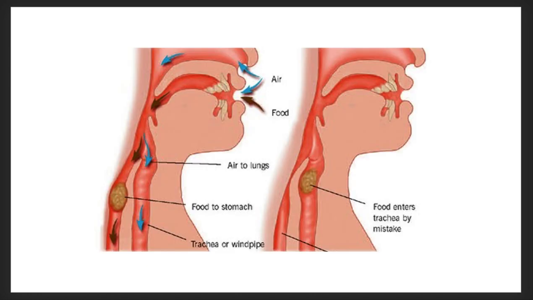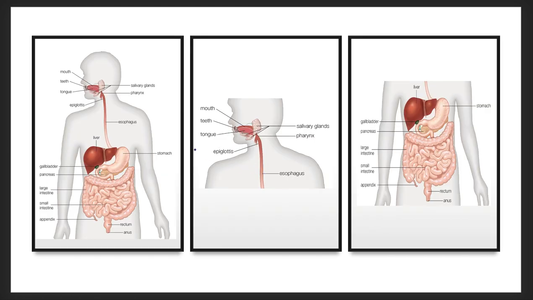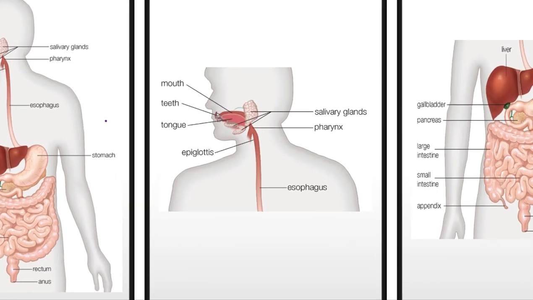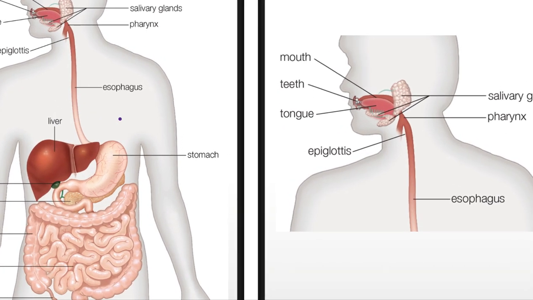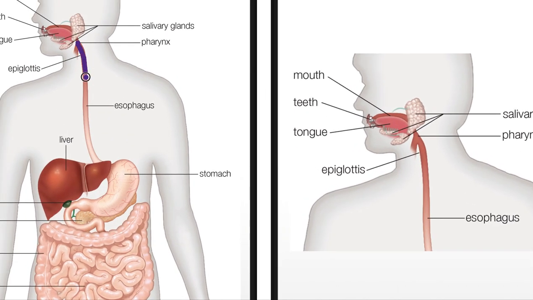Now moving on to the next part, we have the food pipe. So what is the food pipe? I will take you back to a previous slide. So food pipe is this one right here. Can you see this?